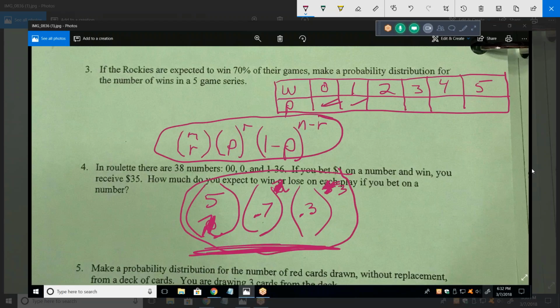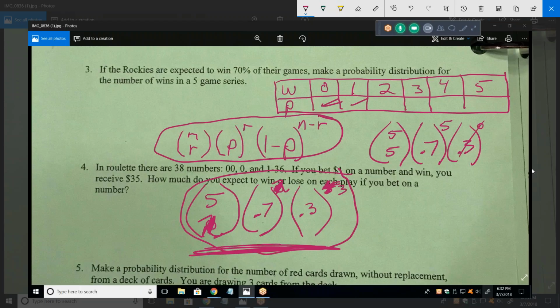And by the time you get to the 5th spot, that's going to be 5 choose 5, which is also the number 1, times 0.7 to the 5th power times 0.3 to the 0. Well, this is 1.